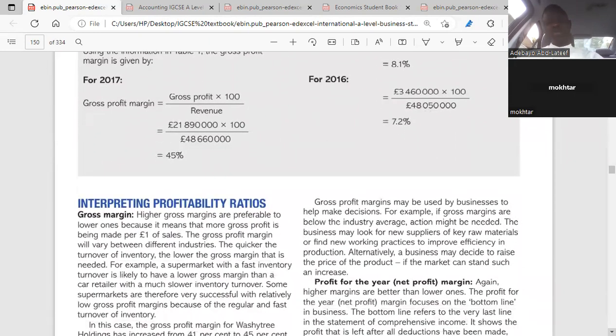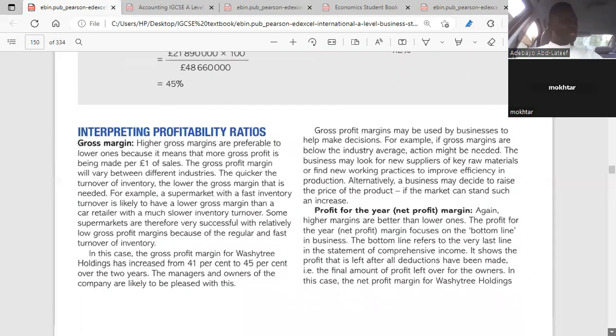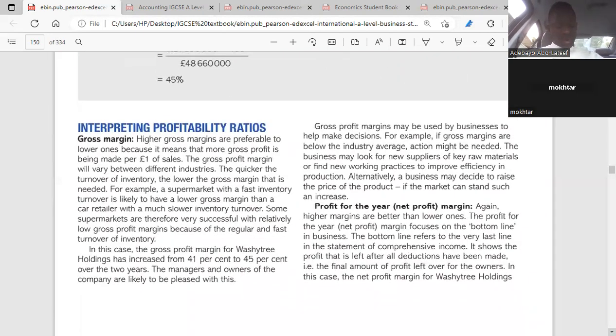All right, let's go to interpreting the profitability ratios. For the gross profit margin, a higher gross margin means that more profit is being made per each sale. So when a company has a high profit margin, it means the company is making more sales, because the higher your sales, the higher the gross profit you're going to have, which will also reflect on the gross profit margin.